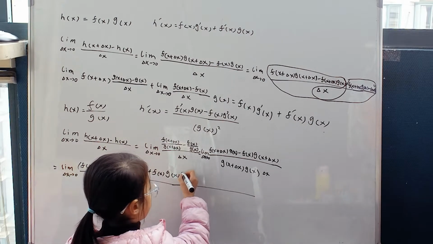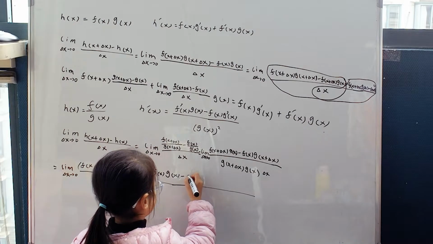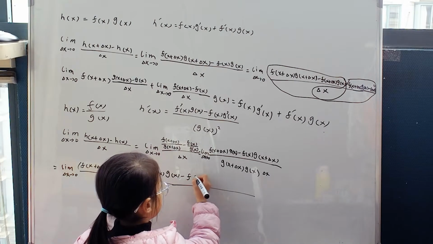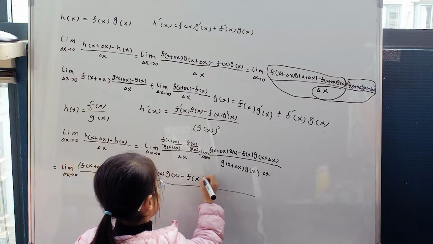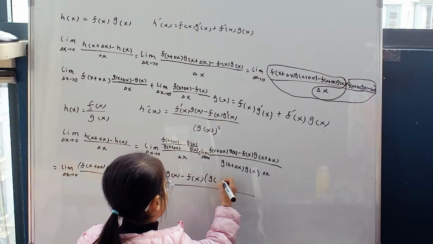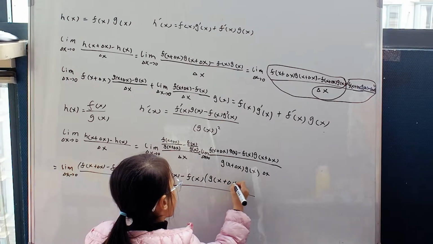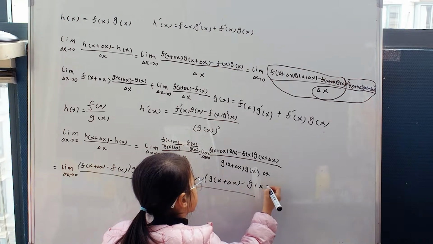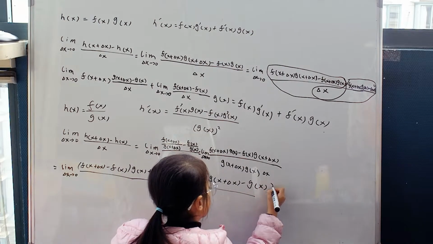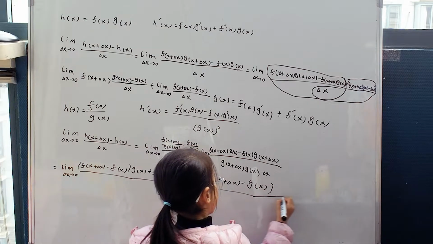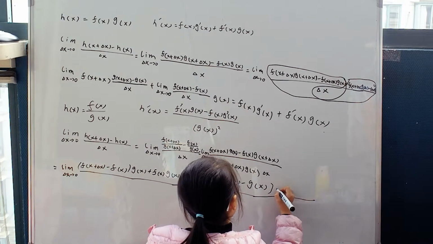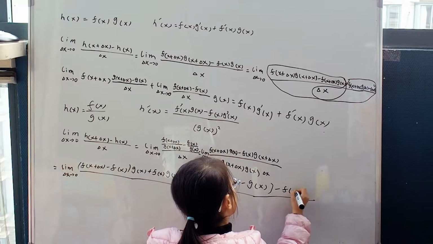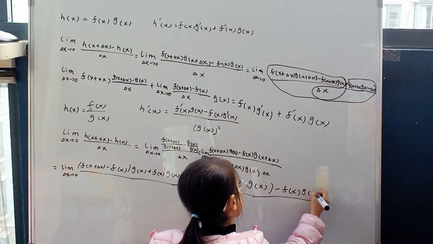And then let's subtract f of x times the bracket g of x plus delta x minus g of x, bracket, and then minus f of x times g of x.